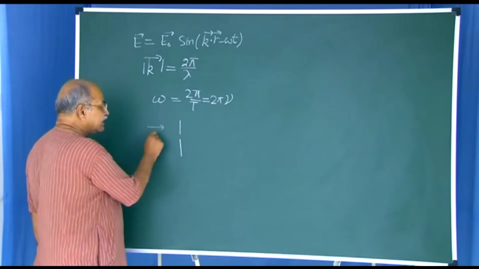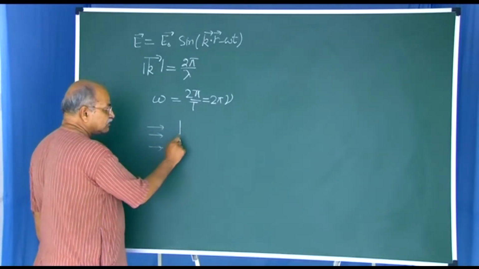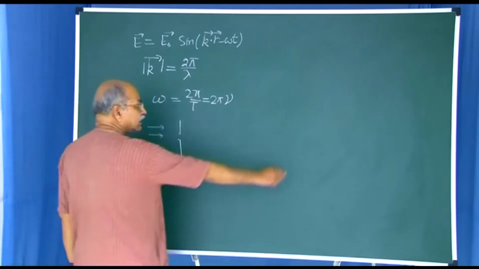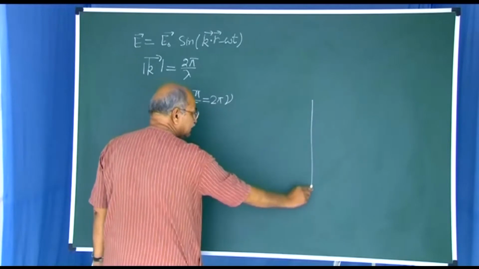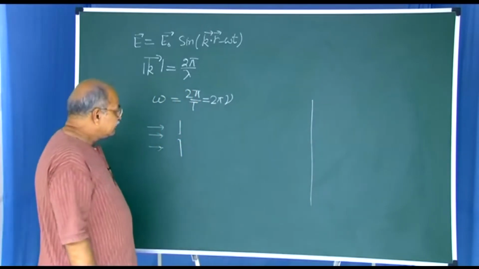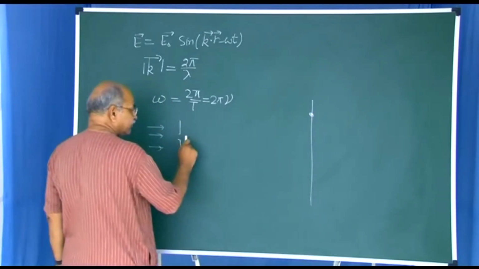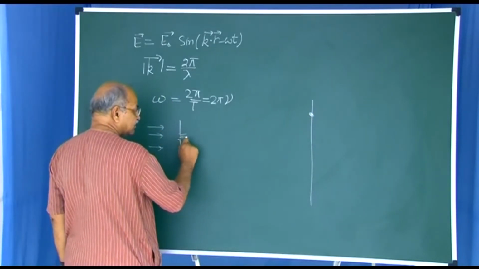Now if I send light through this and collect it on the other side at a large distance, then at any point of the screen light reaches from different portions of the slit.